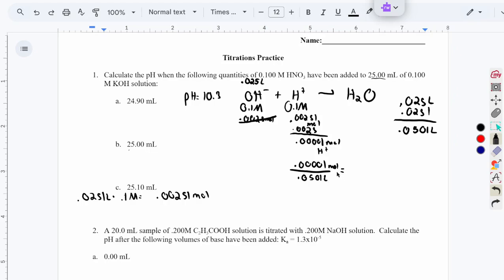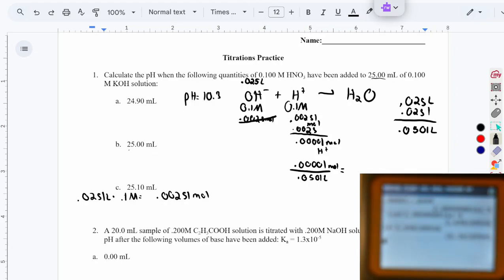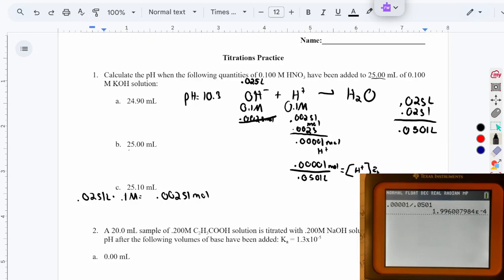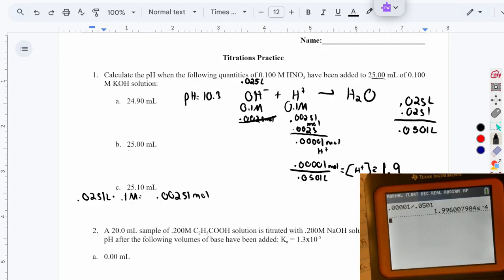And that's going to give us 1.99 times 10 to the negative 4, pretty much 2 again, right? So this will equal my H plus concentration.